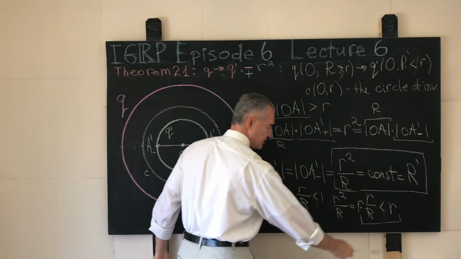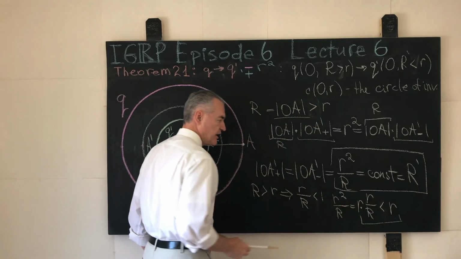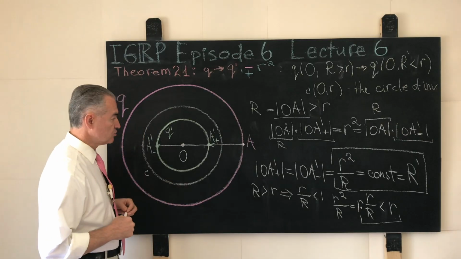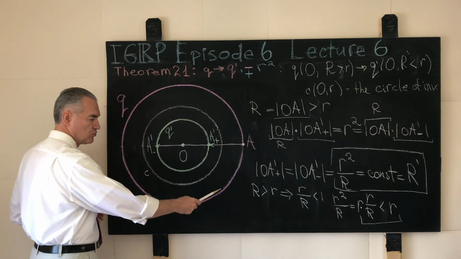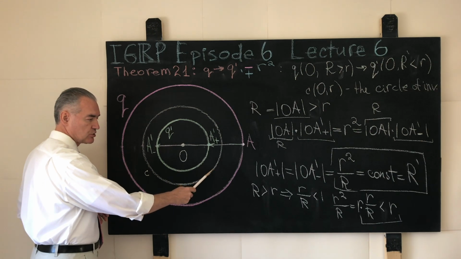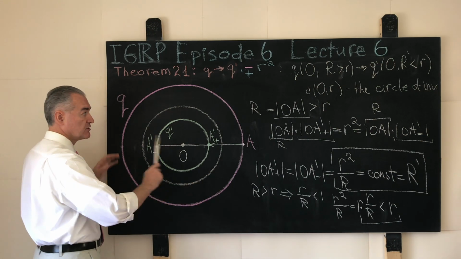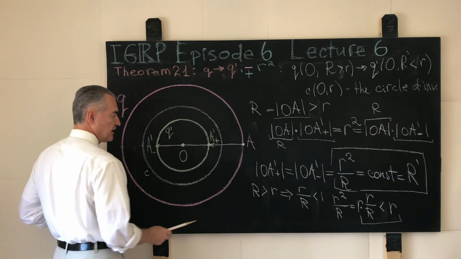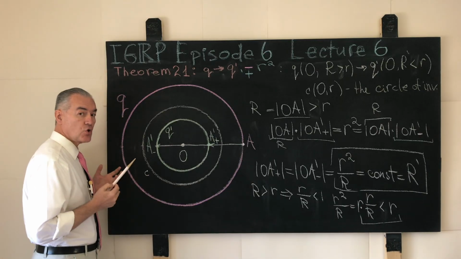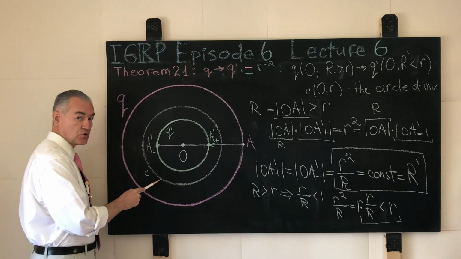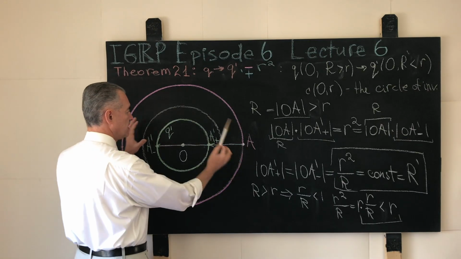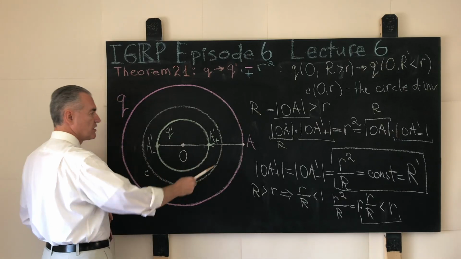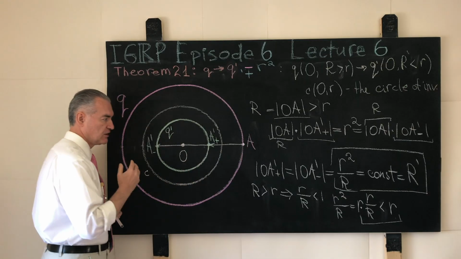And that precisely means that this algebraic fact translates back into English as follows. The image of the circle Q that is concentric with the circle of inversion and is located strictly outside of it is a circle that is also concentric with the circle of inversion, but that circle is located strictly inside of the circle of inversion.